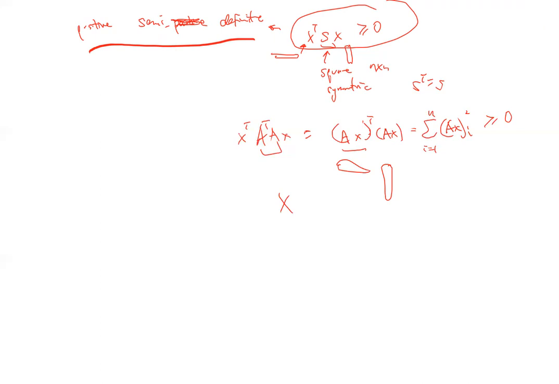One data point is just a vector, a random vector. Let's say this is a random vector x here, and each time I can sample different vectors x1, x2, x3, and so on.